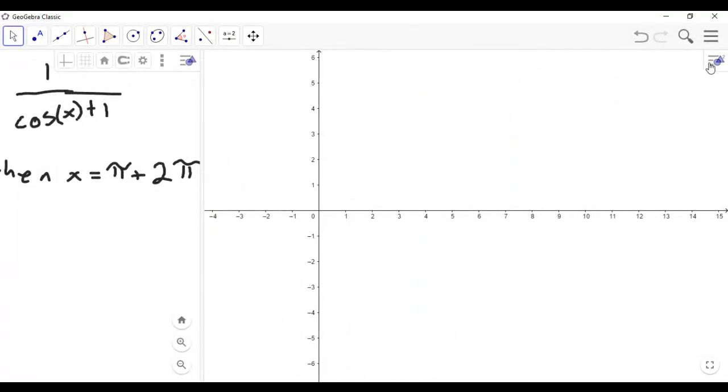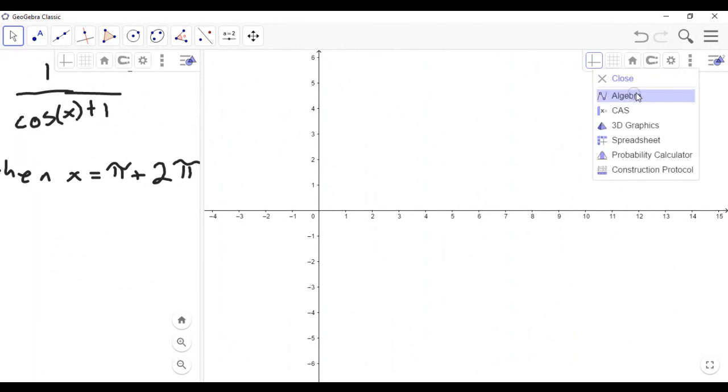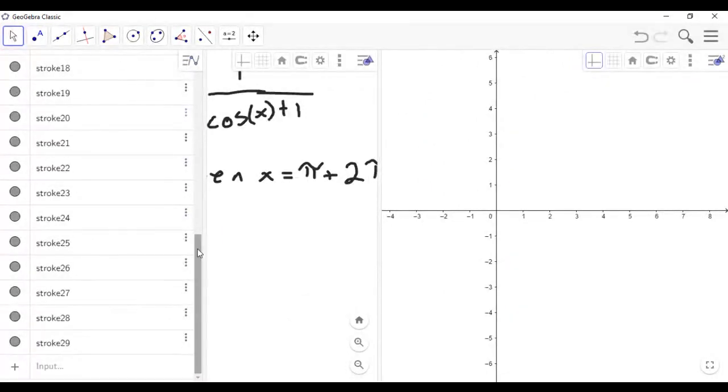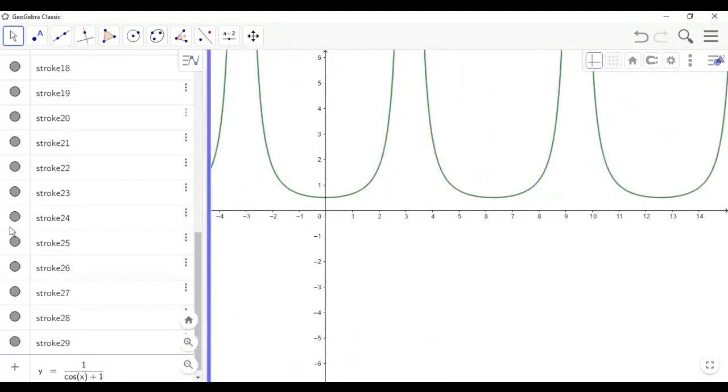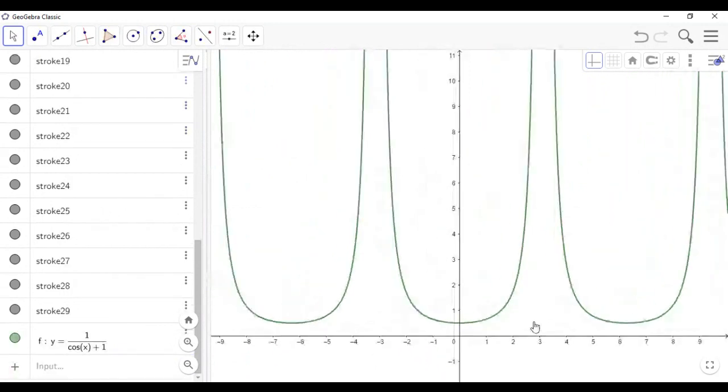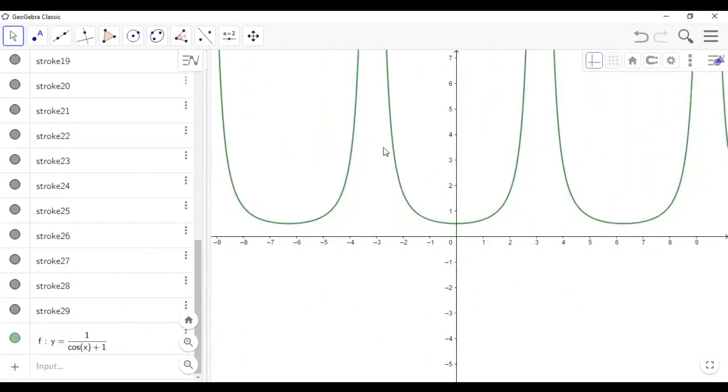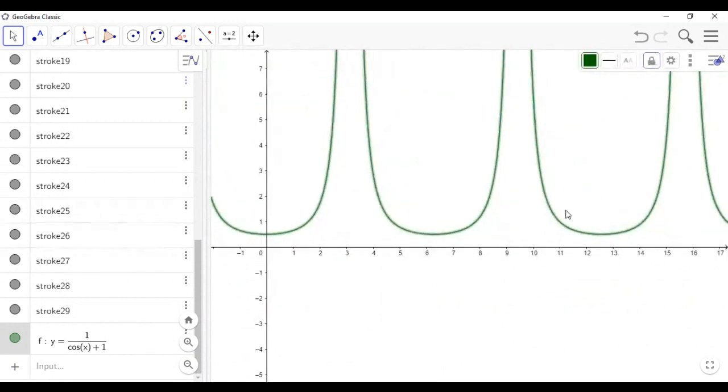Then we had a graph y is equal to 1 divided by cosine x plus 1, we would actually go ahead and see how we do have this recurring vertical asymptote, limit to infinity behavior going on at about every 2 pi. Make sense?